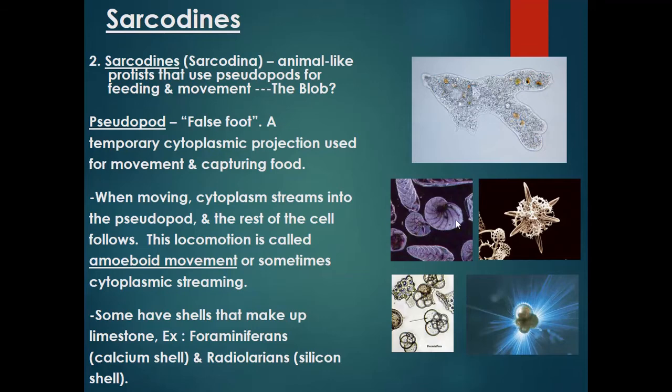The foraminiferans and radiolarians could be found in marine ecosystems. Only a few species of radiolarians are in freshwater. Amoeba proteus is mostly in freshwater environments.